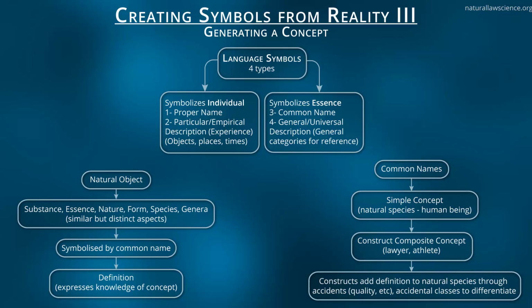You don't have to have that. And that's another way we can differentiate particulars and individuals, through these composite concepts that add definition to our reality, add differentia, make things more different.